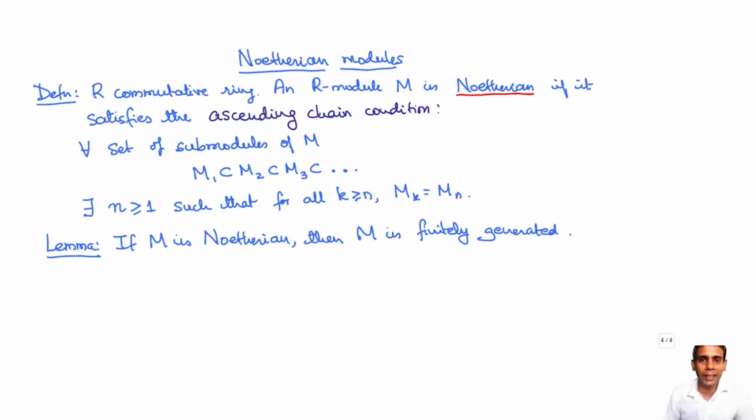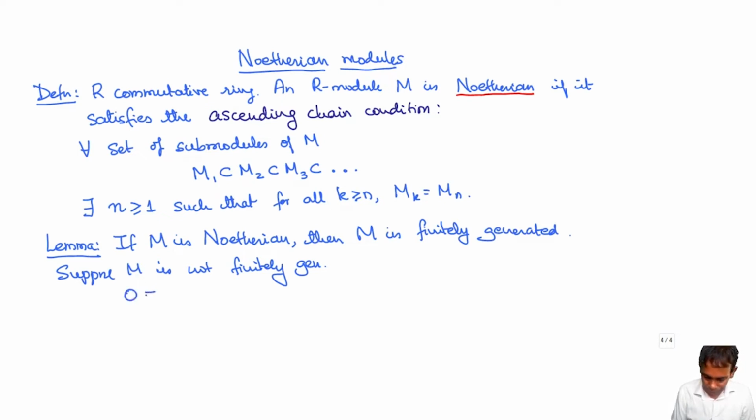If M is not finitely generated, then it's quite straightforward to construct an ascending chain that never stabilizes. So suppose M is not finitely generated. Obviously that means that M is not the zero module, so there exists some non-zero element x1 in M.